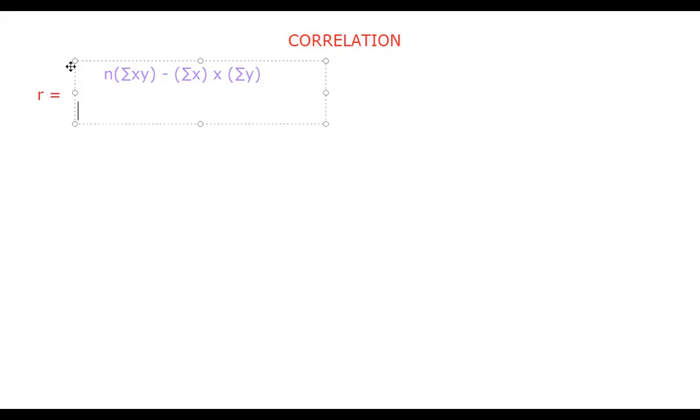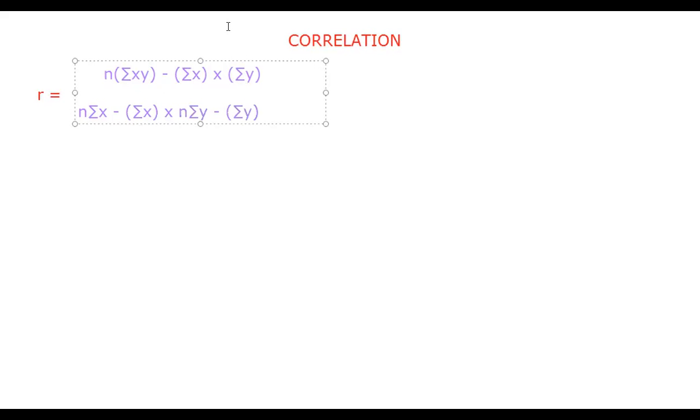Then divided by the square root of small n into sigma x square minus sigma x the whole square, then into the square root of n into sigma y square minus sigma y the whole square, right?